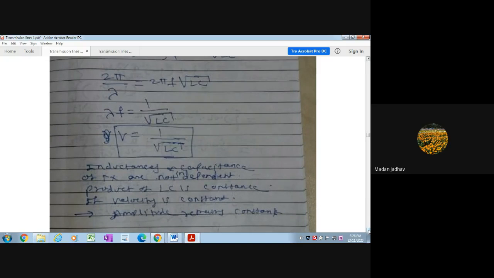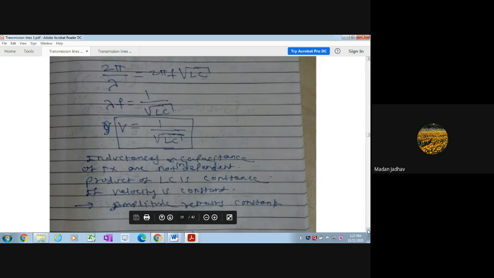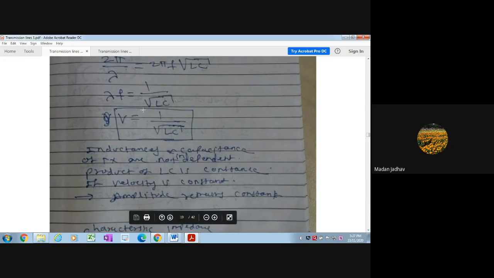Now, the phase velocity depends only on the value of the inductance per unit length and the capacitance per unit length. V is nothing but the phase velocity. The phase velocity is independent of the angular frequency of the signal propagating along the transmission line.